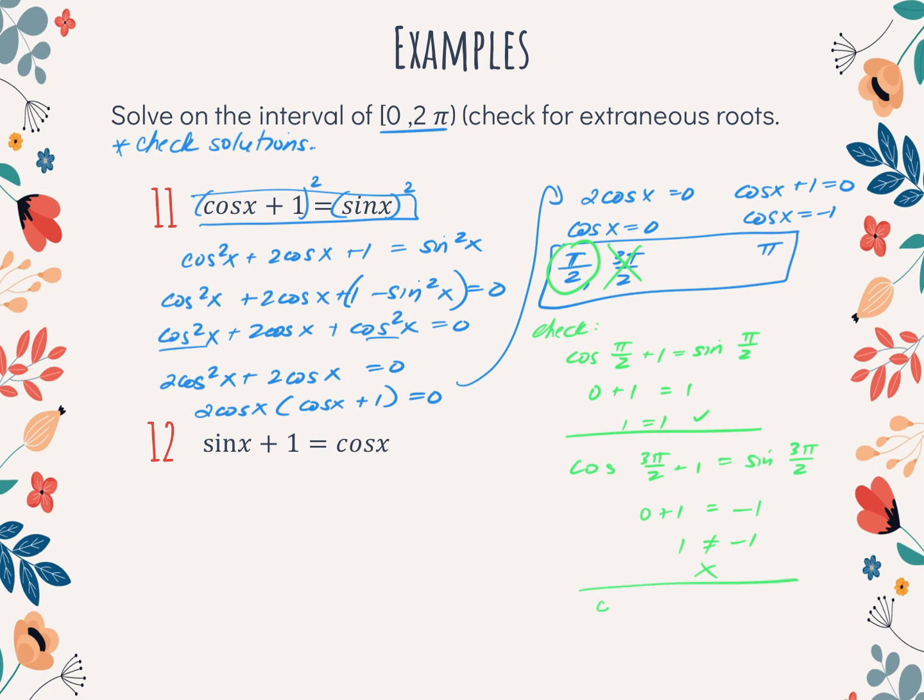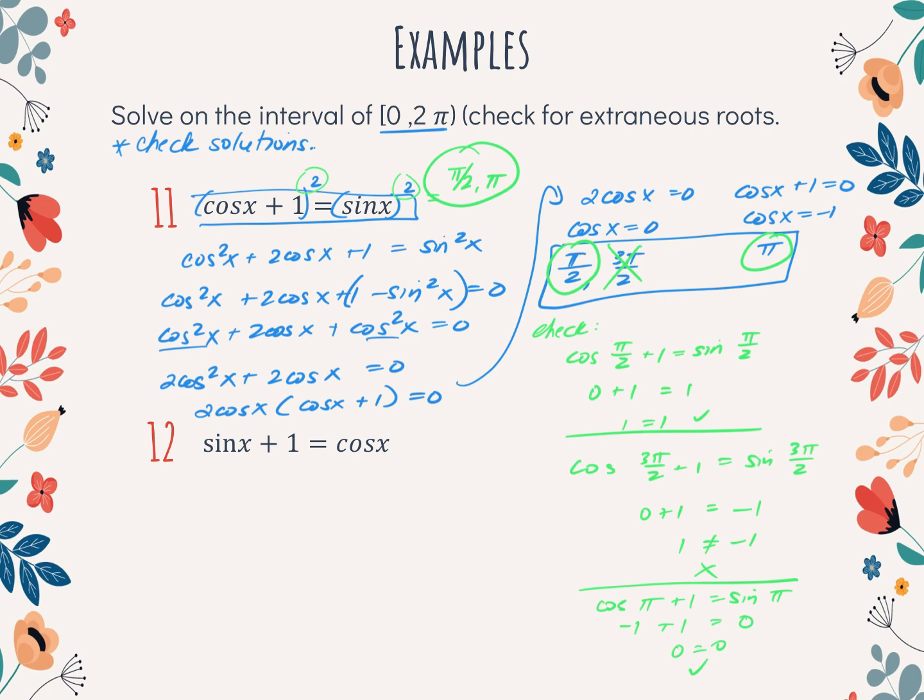And lastly, the cosine of pi plus 1 equals the sine of pi. The cosine of pi is -1 plus 1 there. The sine of pi is 0, 0 equals 0, and that works. And so this is valid. So my 2 solutions here are pi over 2 and pi. So whenever you square the 2 sides like this, you have to remember to check for extraneous.